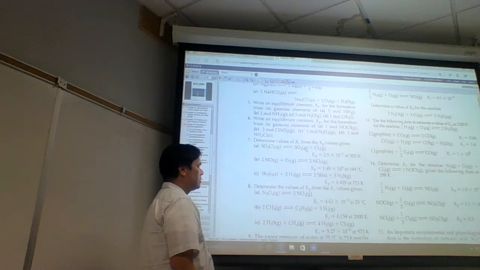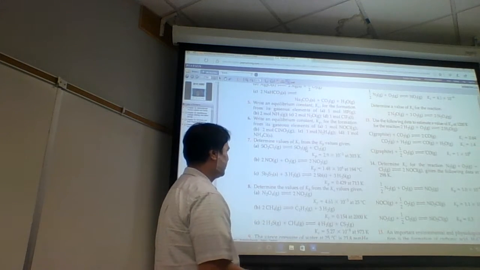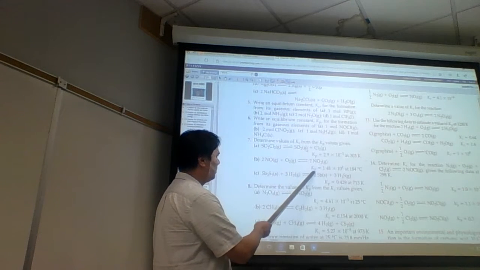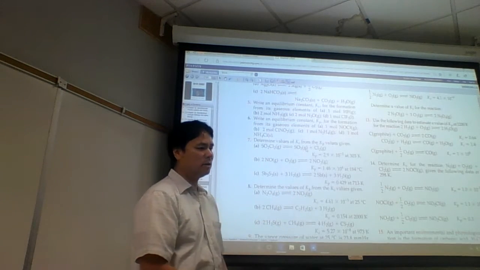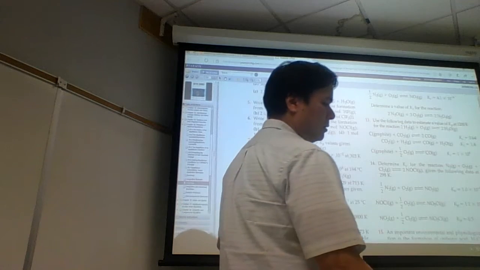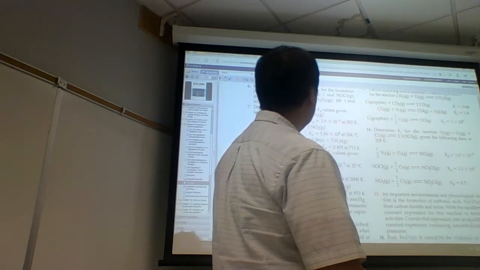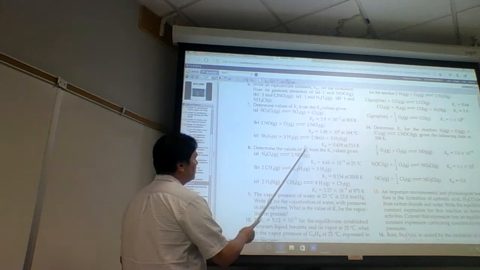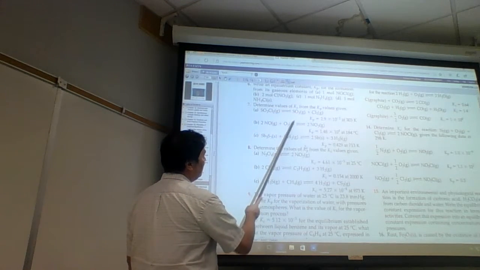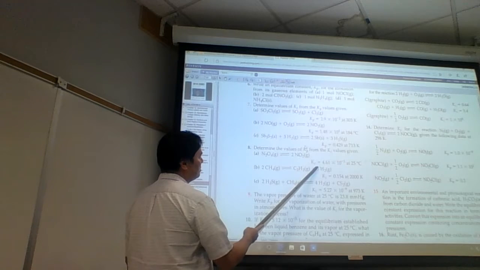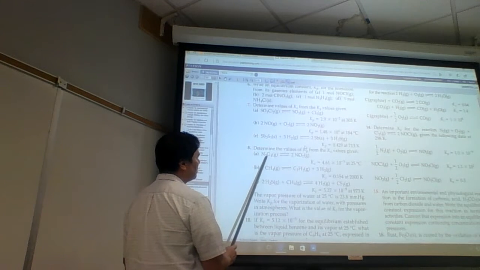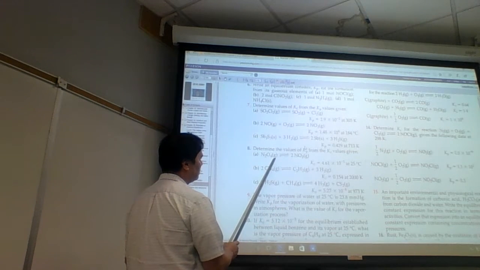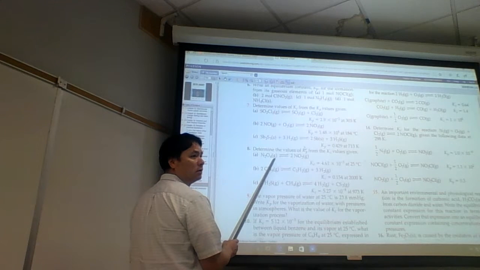And so we would solve for Kc in this case. Kc would just be Kp divided by RT raised to the delta N of gas. So that's getting Kc from Kp. This is the opposite: we want Kp from Kc. So we just use that equation to figure out delta N of gas. What's this delta N of gas? +1.